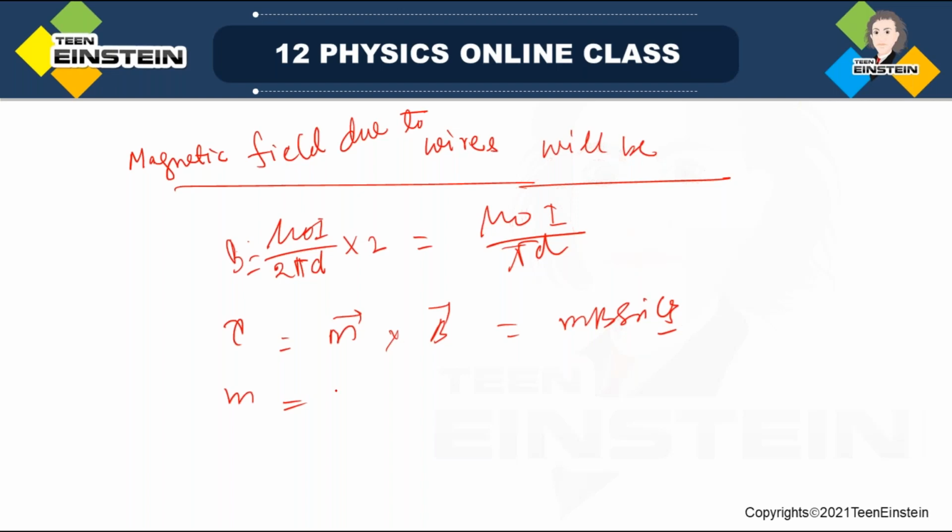Okay, so the torque is mb sine theta, 30 degree, or you can write this as 150.